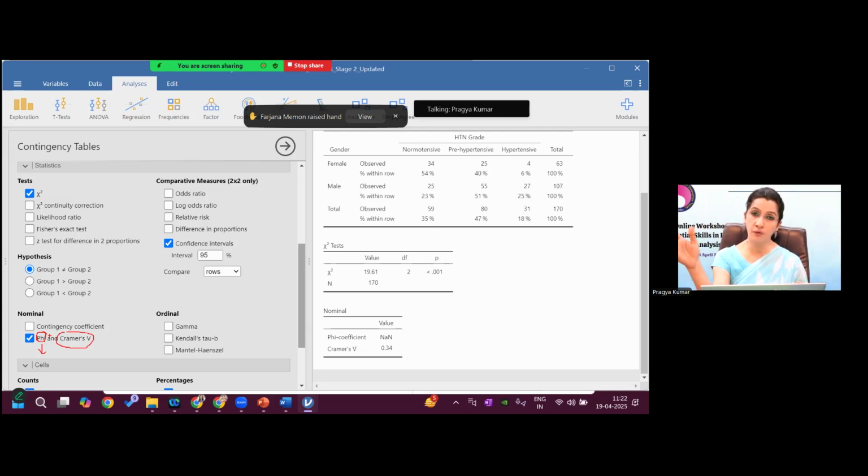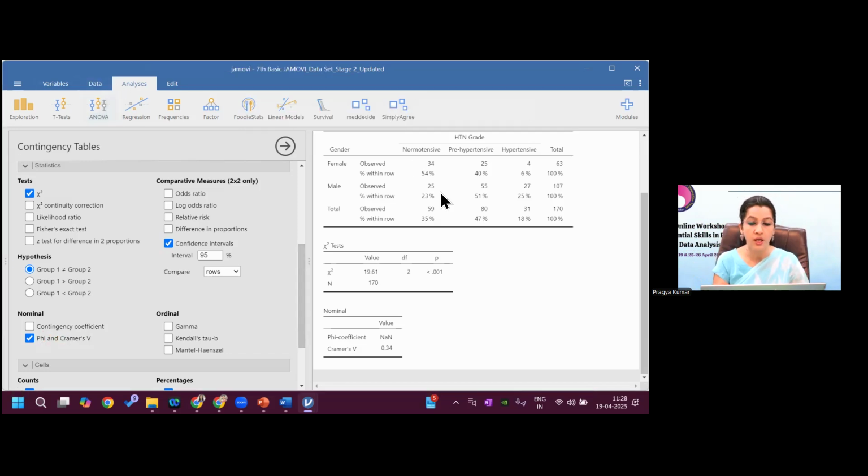In ANOVA, we call it partial eta squared. So I think we will tackle this at an appropriate place. But currently, in every statistical test, there is a way to calculate effect size, and the formula is different. So you cannot say that Cramér's V and Hedges' g or Cohen's d are the same. No, they are not, because the calculation formula is different. The chi-square formula is different.